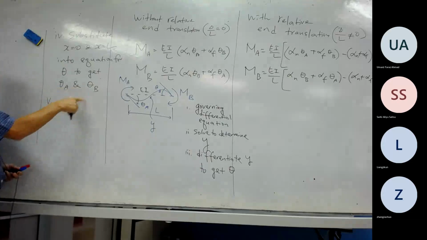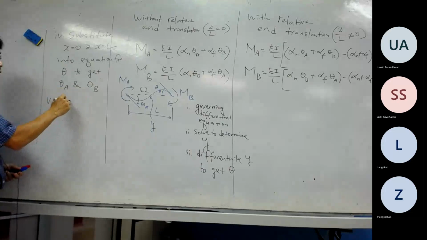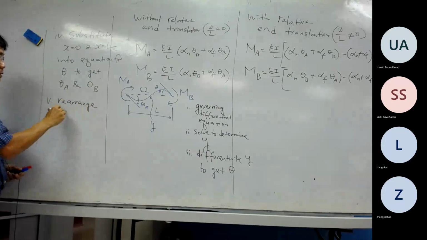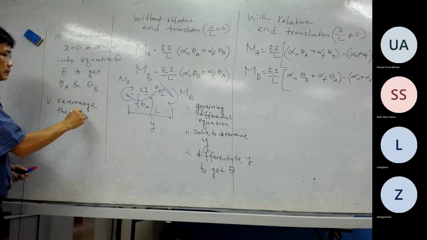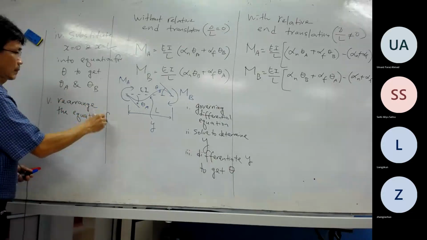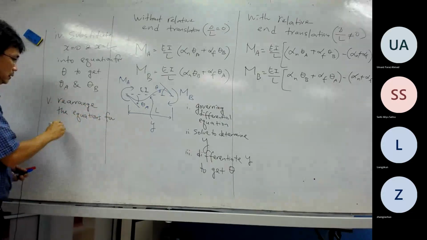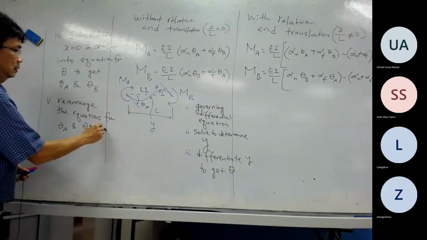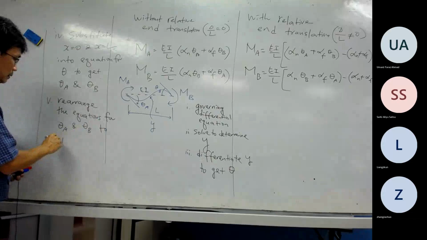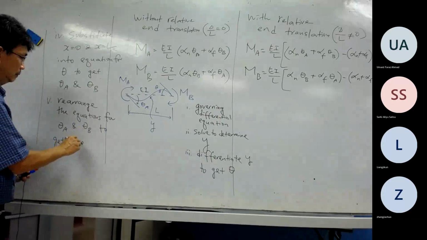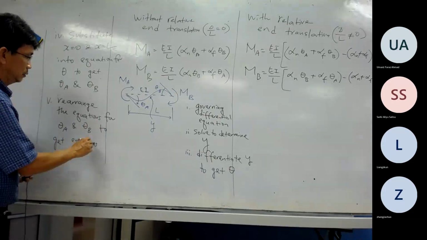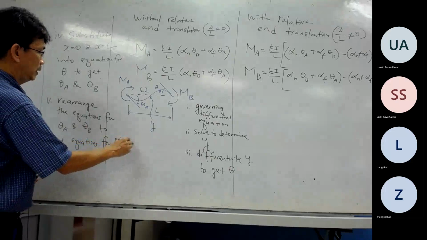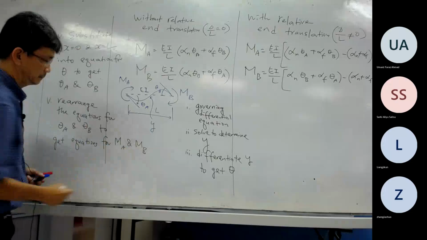So you get these two equations, and finally you rearrange the equations for theta A and theta B to get the equations for MA and MB.